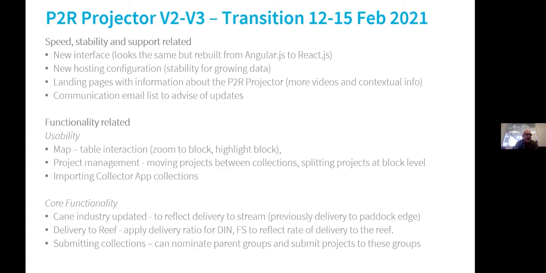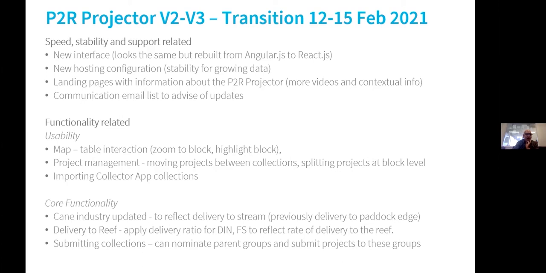There are some functionality related things, and we'll step through these when we get in and show the demo on the app: interaction between the map and the table, being able to manage projects a bit more easily, and better support for importing spatial files. But the core functionality, the numerical components, have changed.